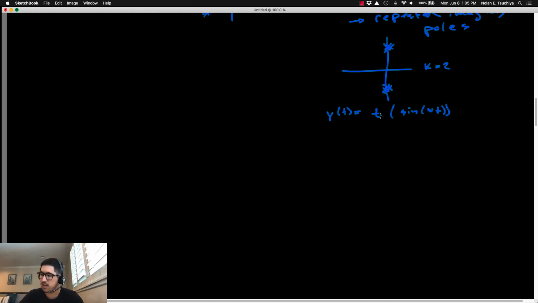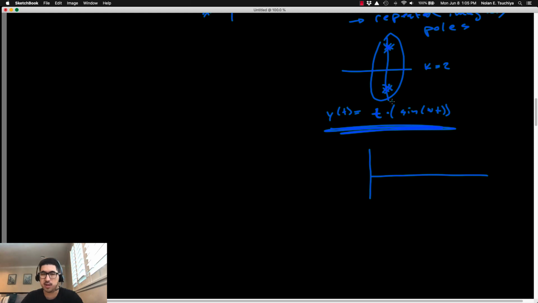Now, t times a sine function, normally if we see poles on the imaginary axis, based on everything we've seen so far, we'd say, oh, that's a marginally stable response. However, in the case of repeated imaginary poles, this is the impulse response. And this looks like you don't have an exponential envelope function, you have a linear envelope function.